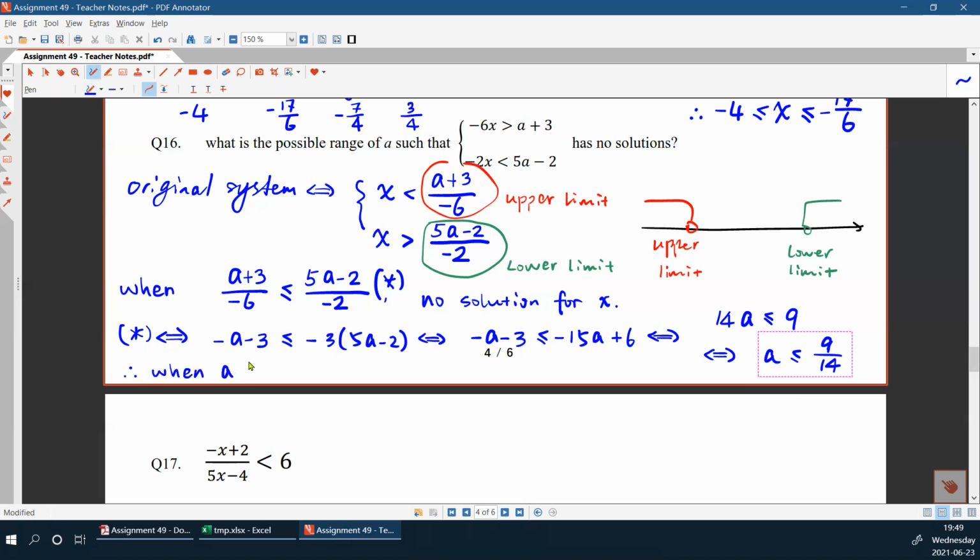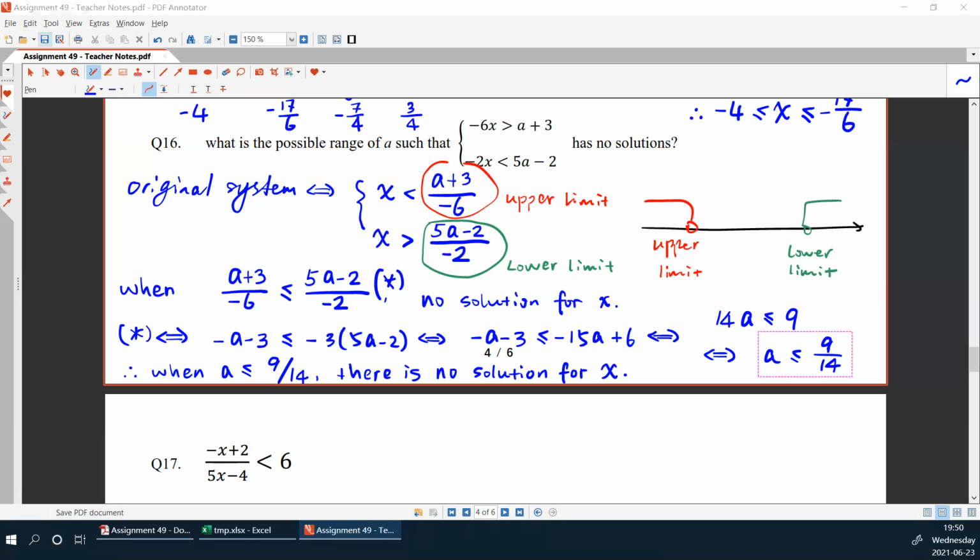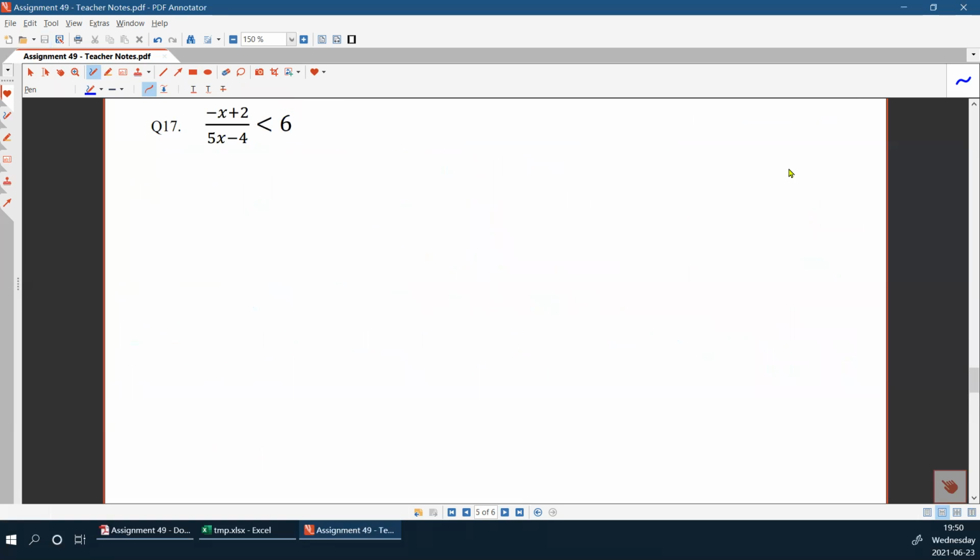When a is smaller than or equal to 9 over 14, there is no solution for x. Okay. Any questions? No? Okay, let's see question 17.